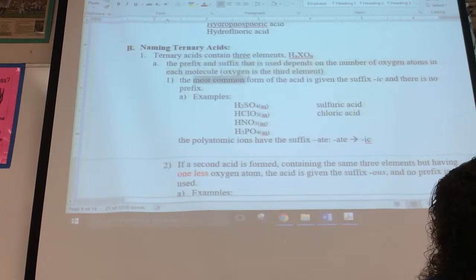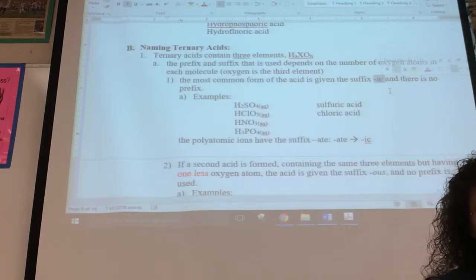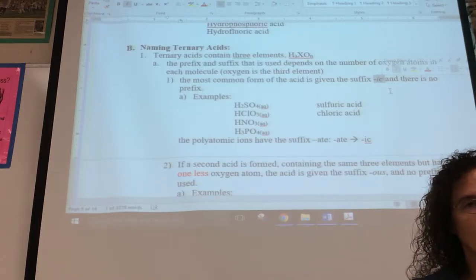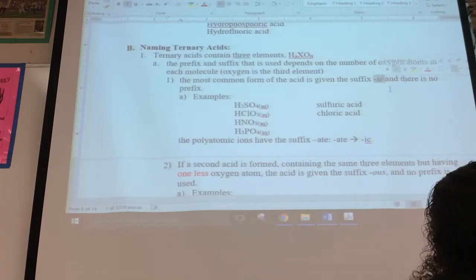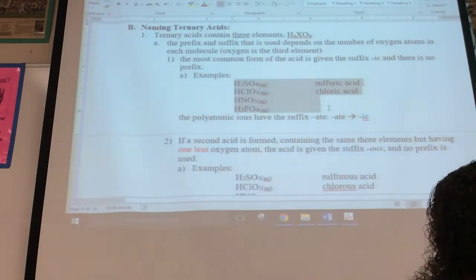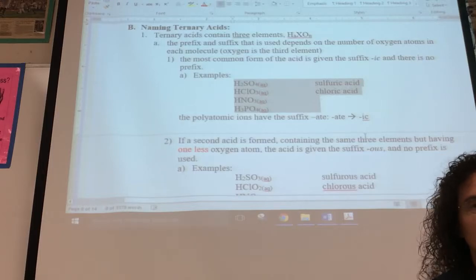The most common form of the acid has the suffix "ic", and there's no prefix, so you can't confuse it with the hydrochloric acid where you have binary. So the most common form is "ic": sulfuric acid, carbonic acid, phosphoric acid. No prefix. What's tricky here is the number of O's is not consistent for "ic".